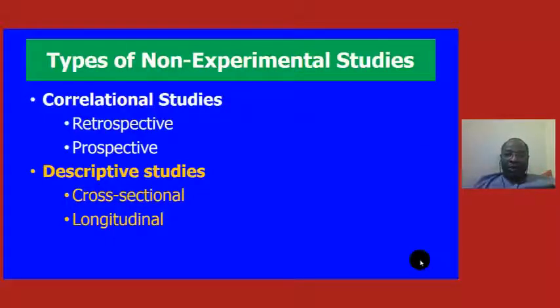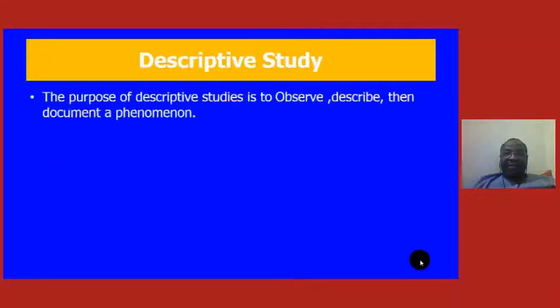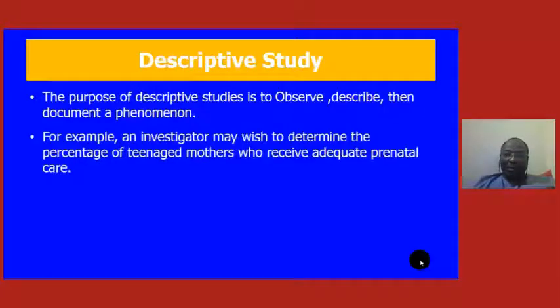Now we move to the descriptive studies. The purpose of descriptive studies is to observe, describe, then document a phenomenon. For example, an investigator may wish to determine the percentage of teenage mothers who receive adequate prenatal care.